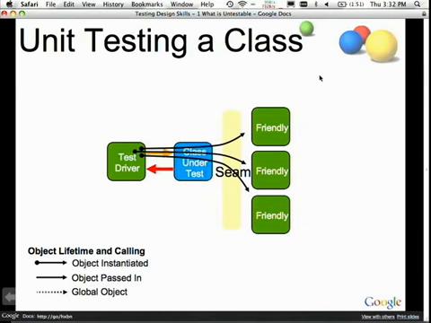Now this gives me a choice in a testing world because now I am free to instantiate a subset of the application that I want to test. I no longer have to instantiate the whole thing. I simply instantiate the stuff that I really, really care about.